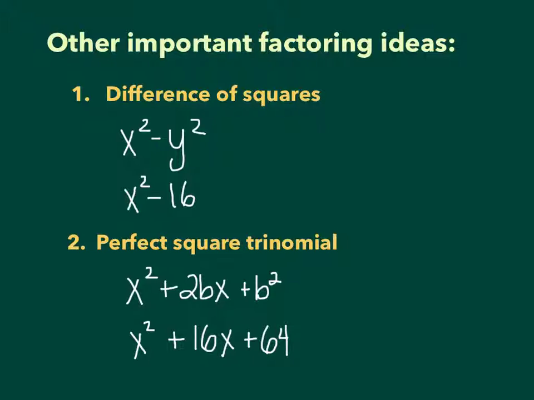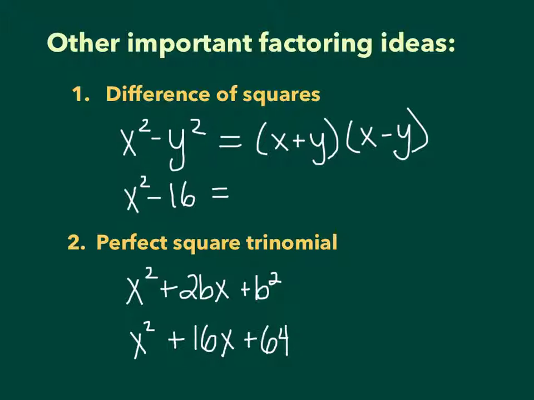I'd like to take just a moment and look at 2 other really important types of polynomials that you need to be able to factor really quickly without using any other techniques. Just look and factor. The first one is called the difference of squares. Whenever you see a binomial, so 2 terms, that has a number squared minus a number squared, you can always factor that into x plus y, x minus y.